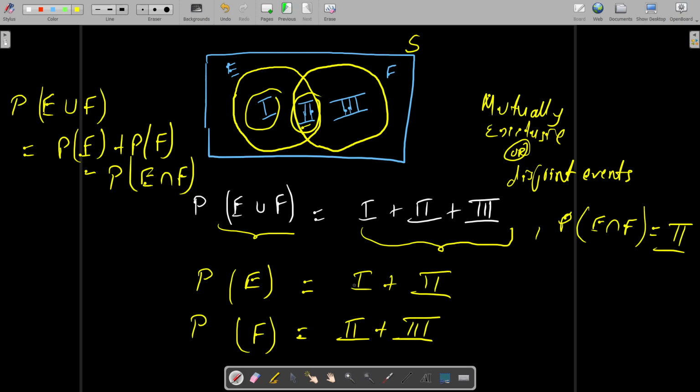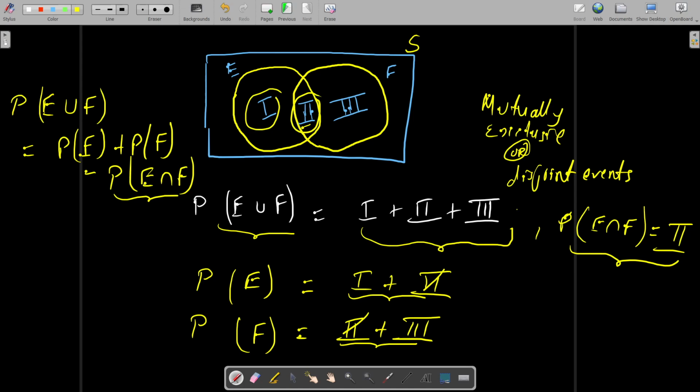And you can see from here, if you add E and F, we will have 2 in common, right? So this 2, I mean the Roman 2, is common. We have 2 times this, and we have to remove it once. We know that this intersection is 2 as well, so if we subtract this intersection, it will be removed.